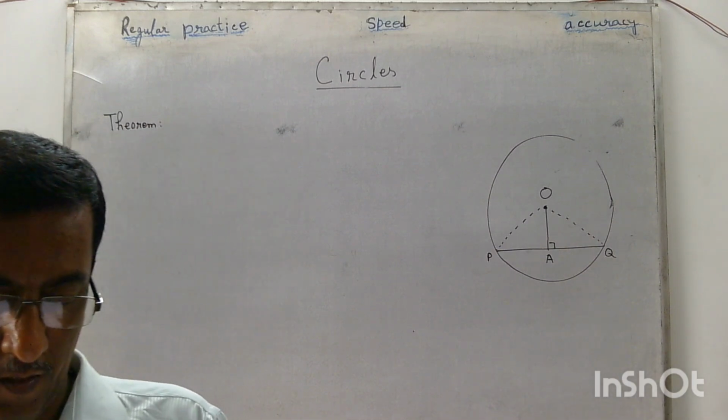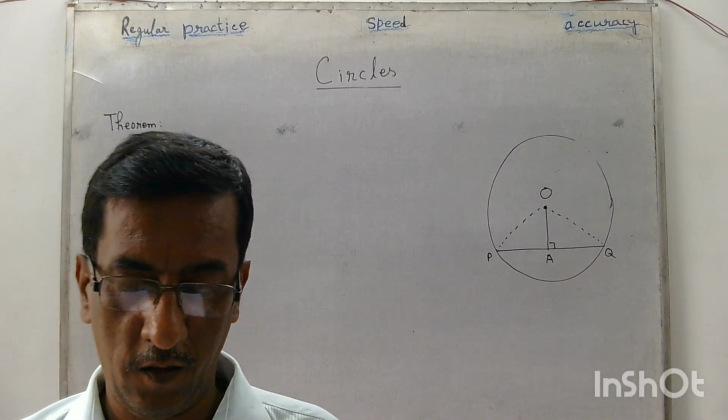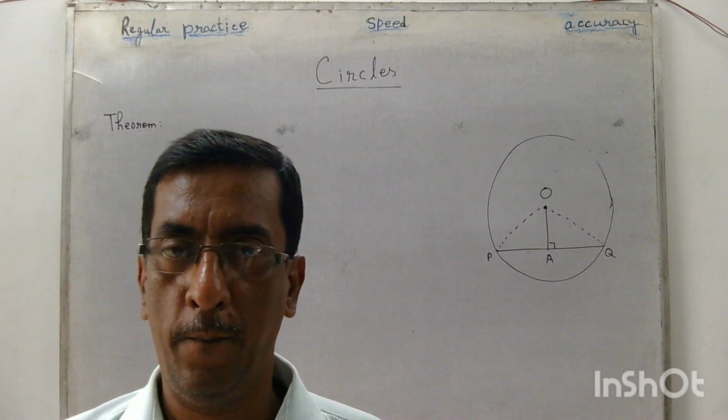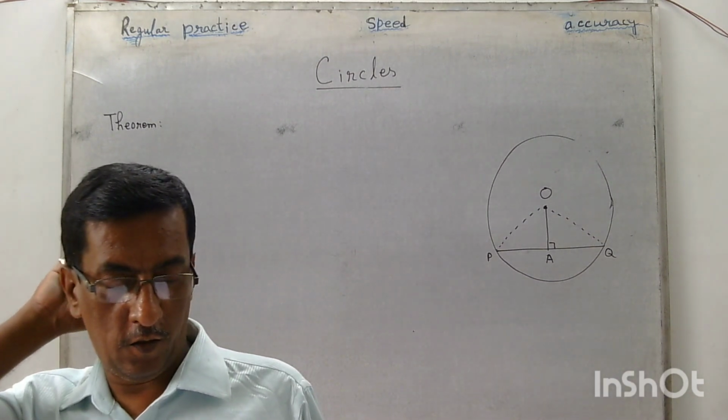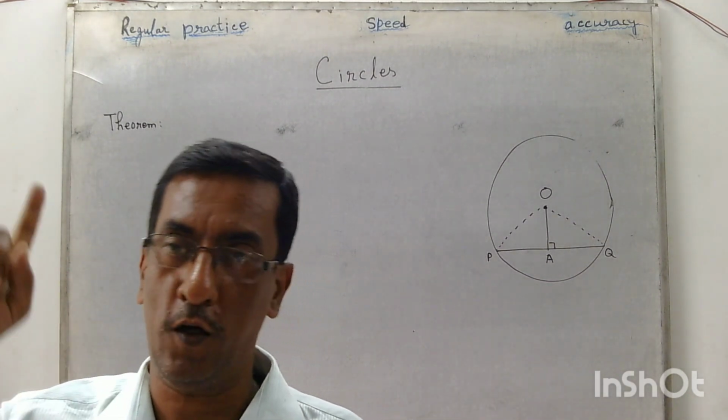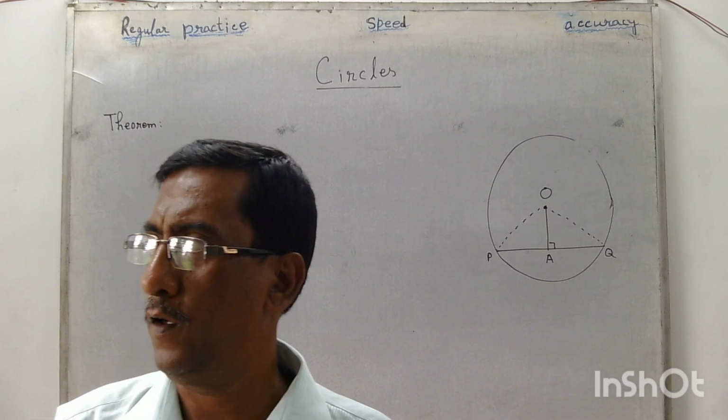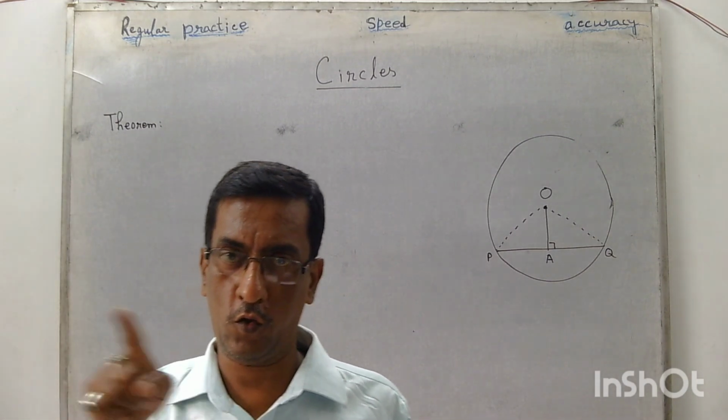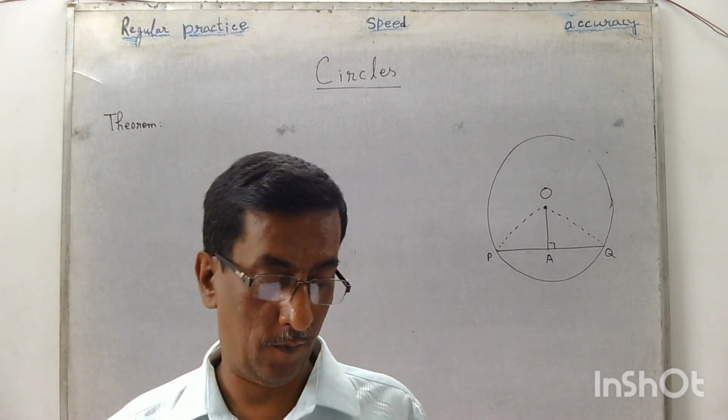Theorem 6 is actually the converse theorem of 5. थ्योरम 5 में क्या था कि परपेंडिकुलर जो है वो कॉर्ड के ऊपर ड्रॉप करने से वो कॉर्ड को जो है इक्वली डिवाइड कर देगा.